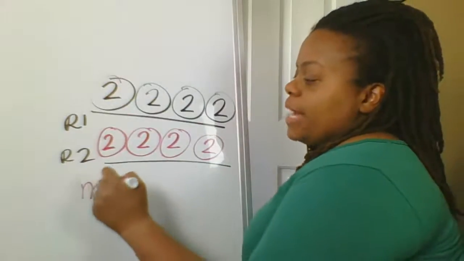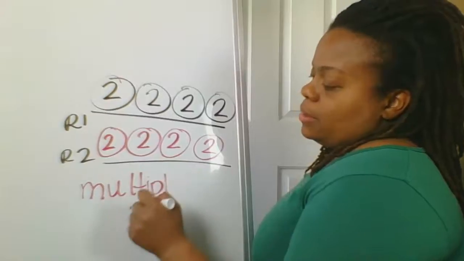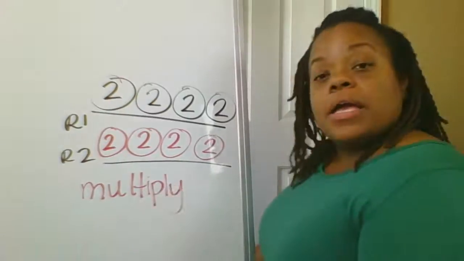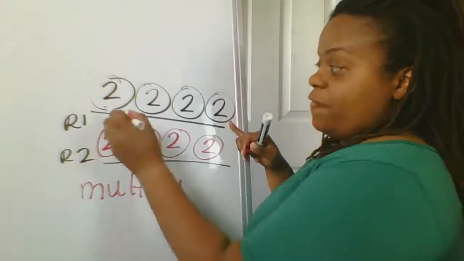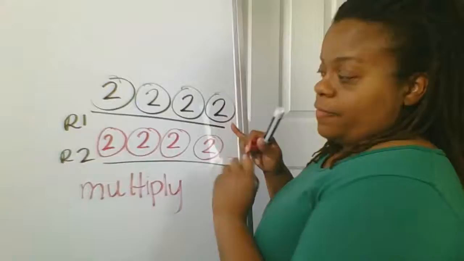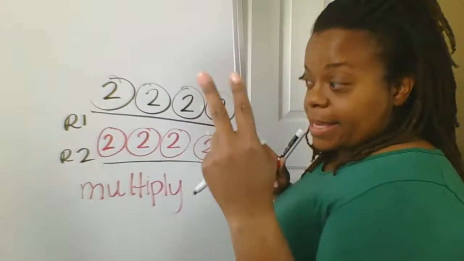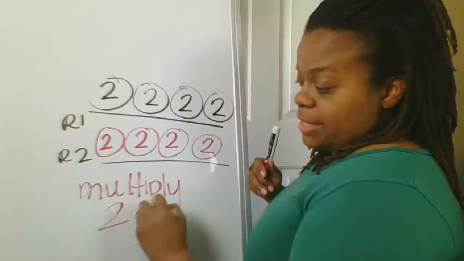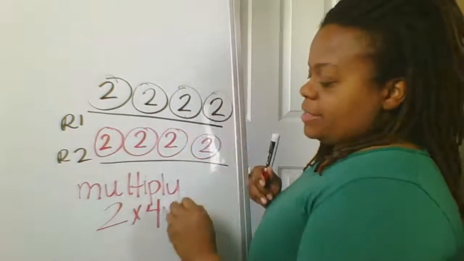Hope you said multiply because that is what we do. Multiply. All right. So I have an equation here. I have 4 pairs, 4 pairs. So I have 2 sets of 4 pairs, 2 sets of 4 pairs, and each pair has 2 in it.